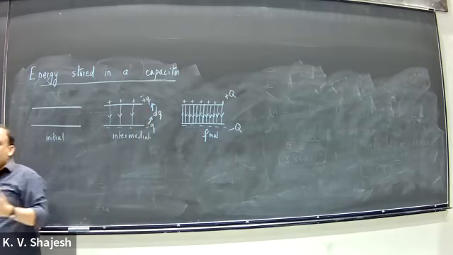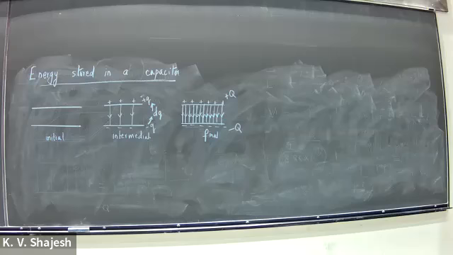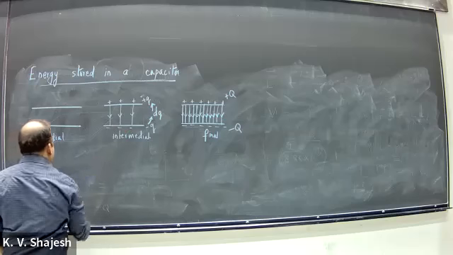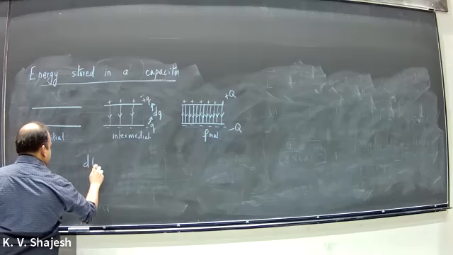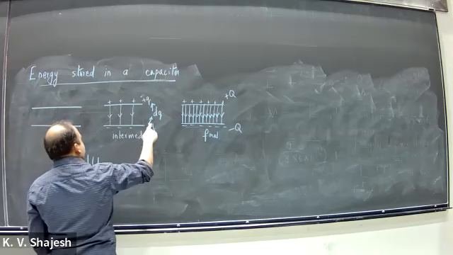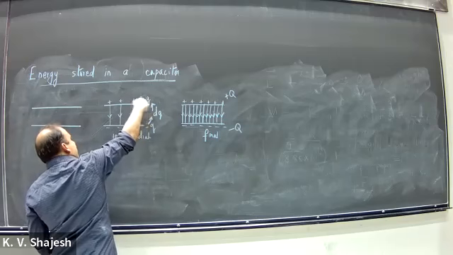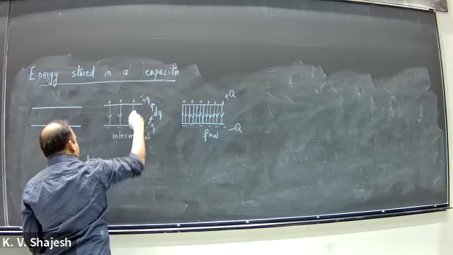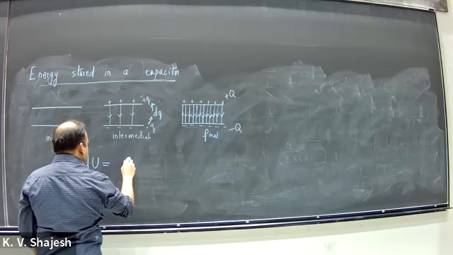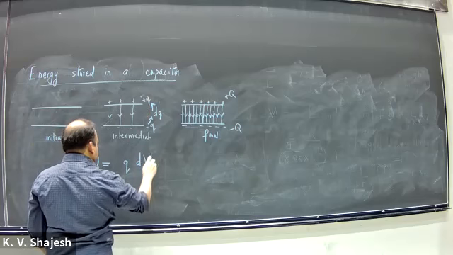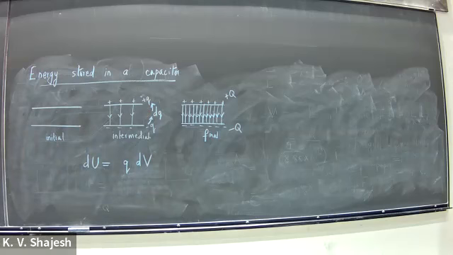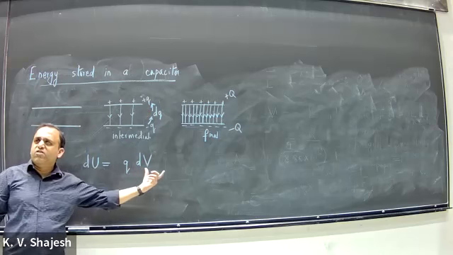Remember, if the voltage is V, then the energy U is V times Q. So the amount of work I have to do, or the change in energy, dU, to move this from here to there is going to be decided by the already existing charges. So that's Q and dV. Remember, energy per unit charge is the potential.